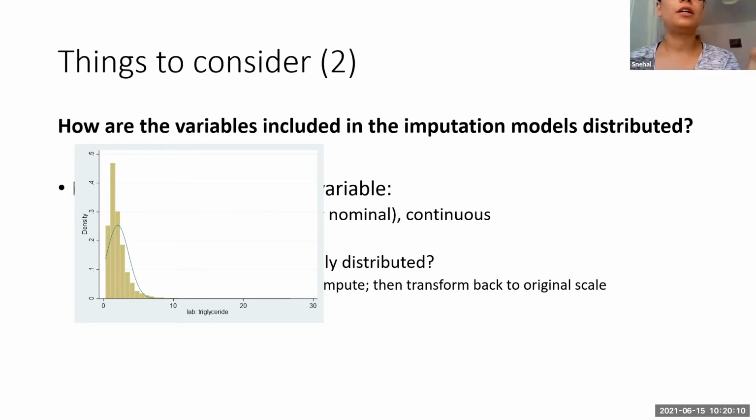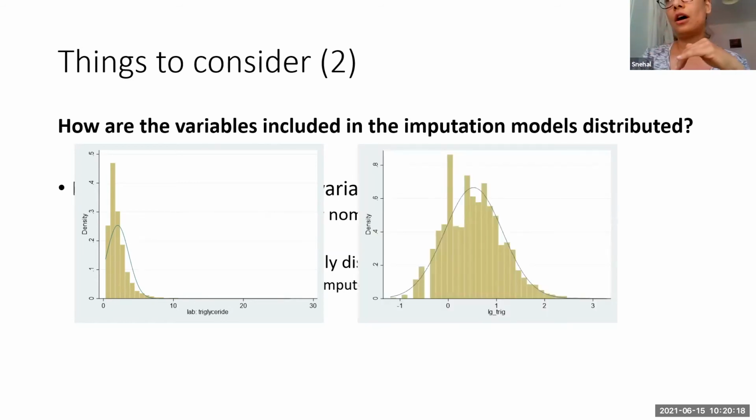So you want to strengthen the assumption of normality for your variables. And so because triglycerides isn't normally distributed, you'd log transform it, make it more normal, do your imputation on the log transformed triglycerides, and then transform it back to the original scale after you've done your imputation. And I'll show you an example of that in a couple slides.